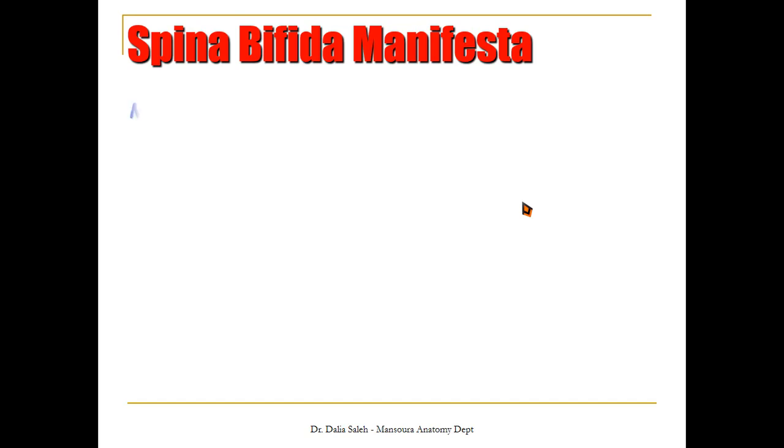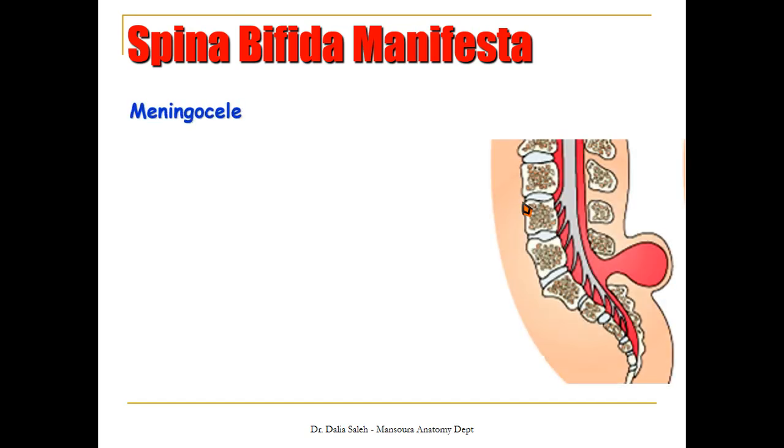For spina bifida manifesta, the first type is called the meningocele. In this diagram, you can see the spine of the vertebrae, and it is deficient here. Inside the vertebral canal, you can see the spinal cord and the cauda equina, or the nerves coming out of it. And this red area represents the meninges, or the meningeal sac around the spinal cord.